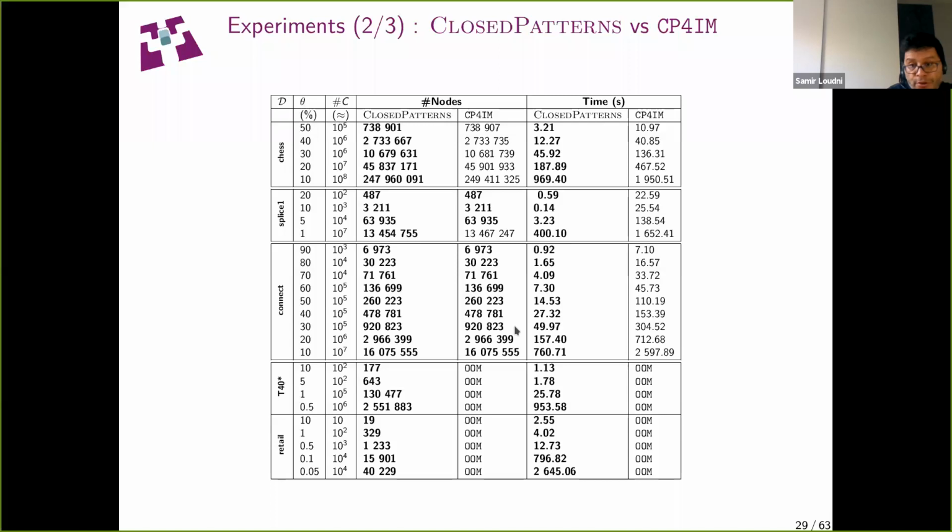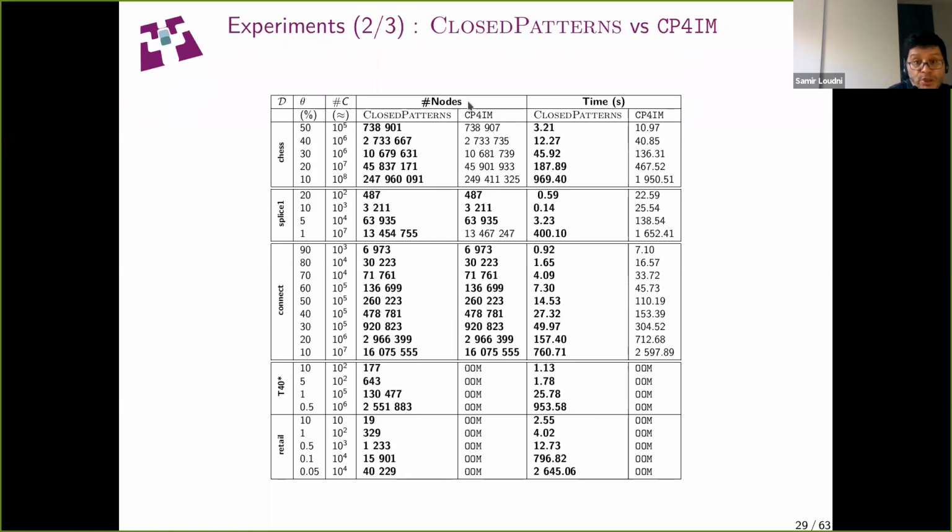The second observation we can make is the main drawback of using the reified model for frequent pattern extraction, which is memory consumption. Here we note several out of memory when using CP4IM. This is principally due to the huge number of reified constraints.